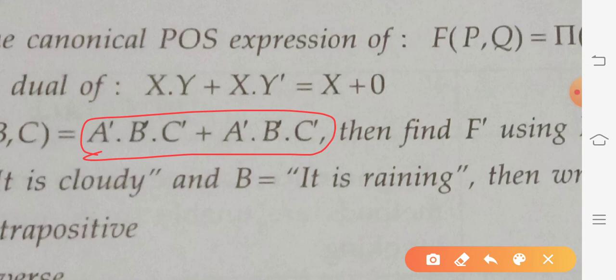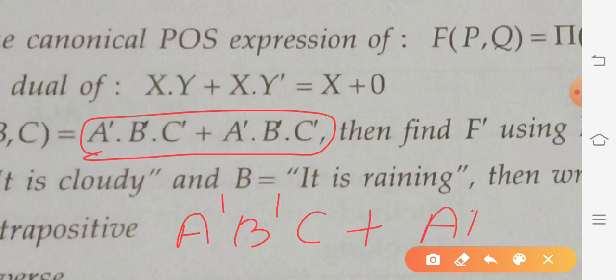So do one thing, change this and write it as A'B'C' + AB'C. Now this is your new question, cut this question, change it into this and find the complement. No need to reduce it, the question is only the complement. So you will solve up to the part where you can apply De Morgan's law, meaning the complementary law. Okay, only up to that portion you have to solve, no need to simplify.